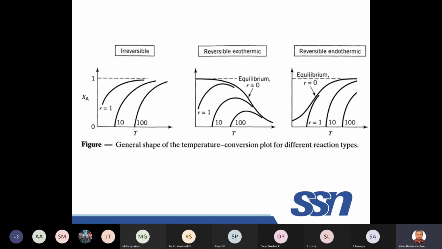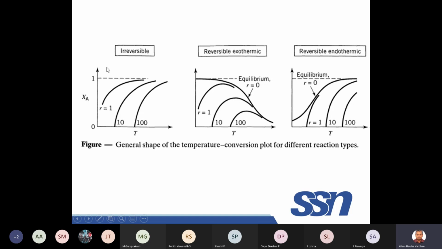So the important thing here is there are 4 kinds of reactions. The reactions can be exothermic or endothermic, irreversible or reversible. You know what all that means.